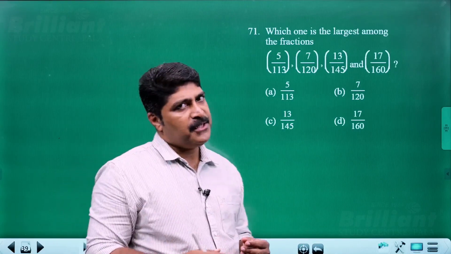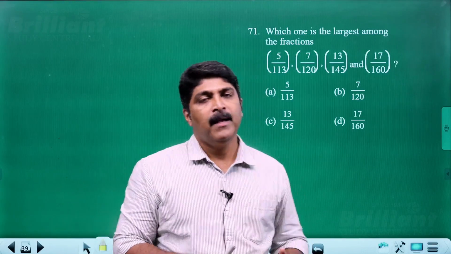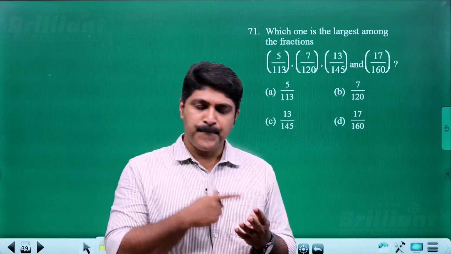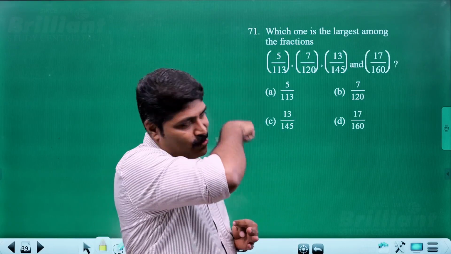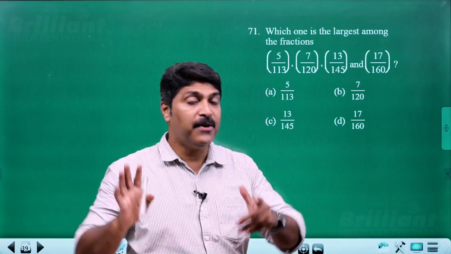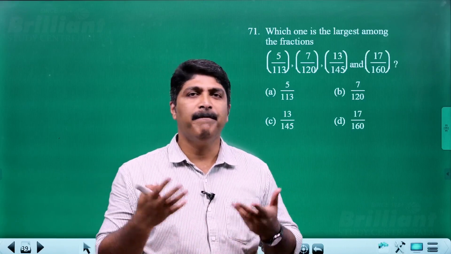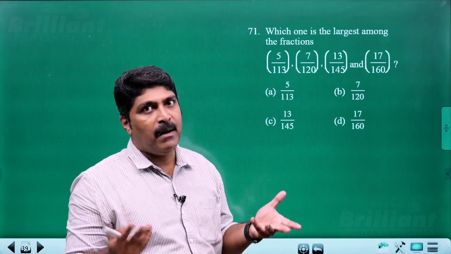Which are the common relationships for this kind of comparison? Either the numerators are equal, or the denominators are equal, or the difference between numerator and denominator in each fraction is equal. Then we have a method for the comparison. But it's not like that; there is no common condition like that.